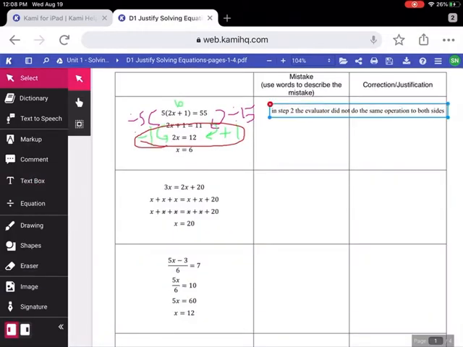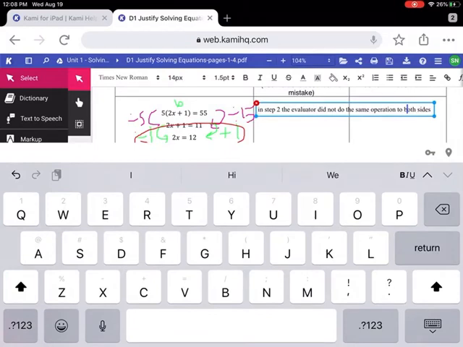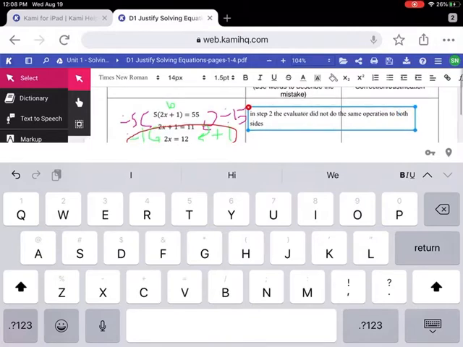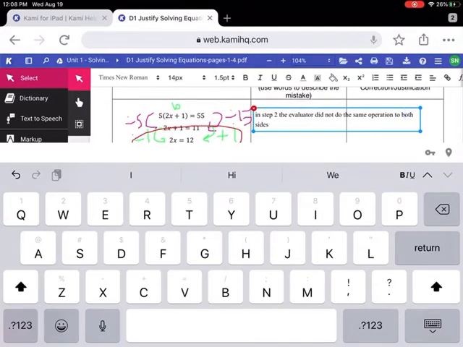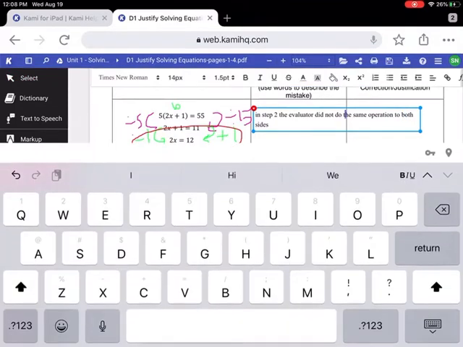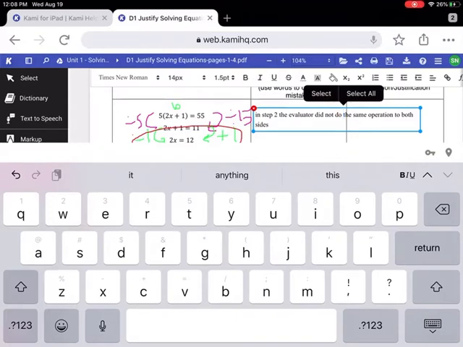Let me hit our select tool here so I can make this smaller. Maybe I can't make that smaller, but that's okay. That would be a good explanation.